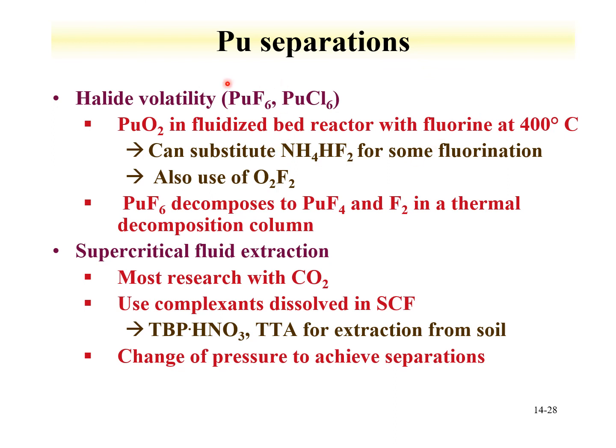The resulting hexafluoride species is volatilized. When this enters a thermal decomposition column, the plutonium hexafluoride species reduces to the tetrafluoride, which is not volatile, with the formation of fluorine gas. And this is a way of achieving a separation, then a recovery of the material.